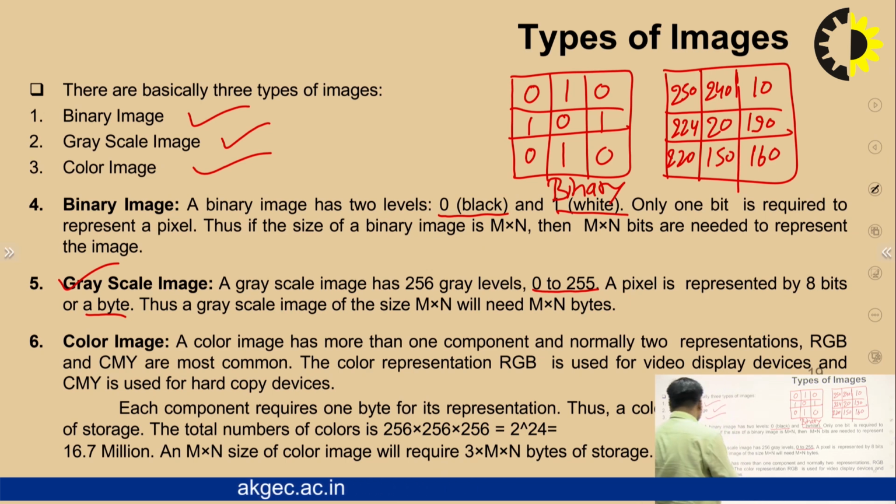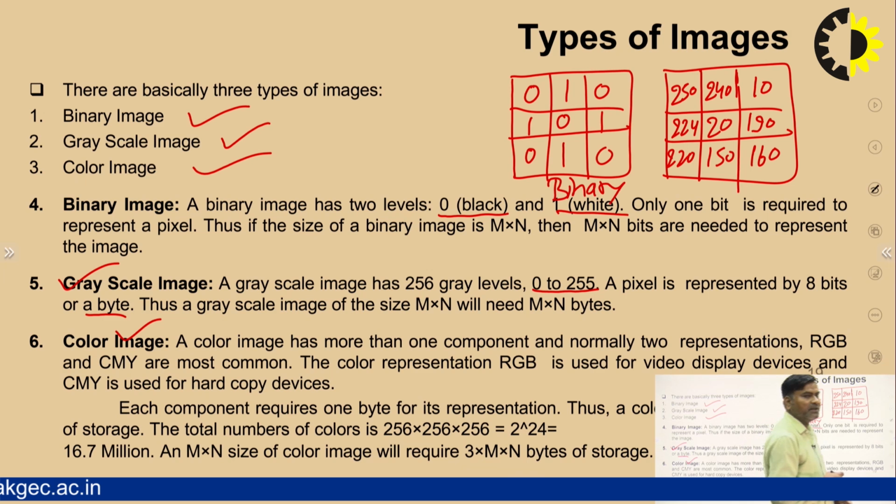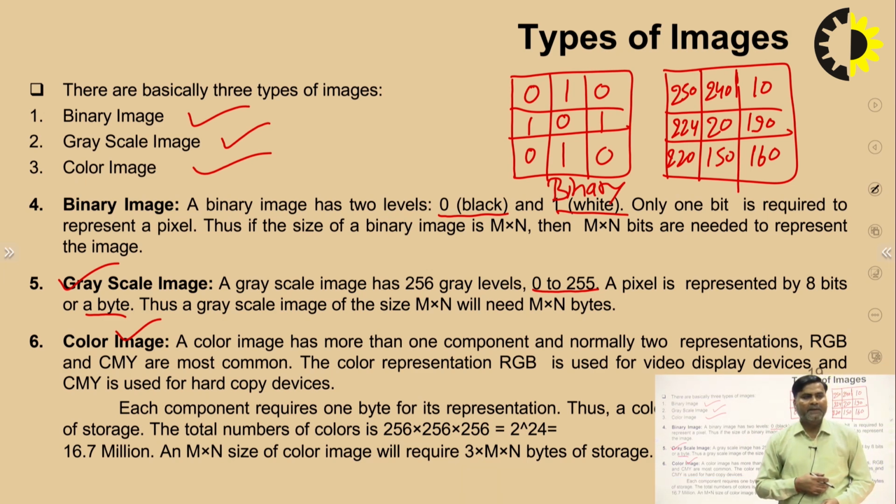In the case of a color image, there are three colors present, RGB: red, green and blue. In color image processing there are three components, the red component, green component and blue component, and each component takes 8 bits of storage.